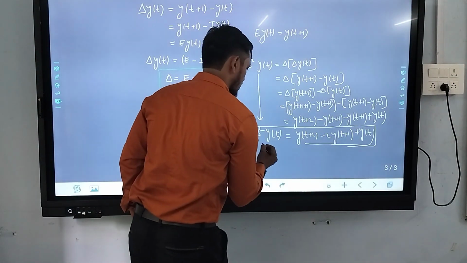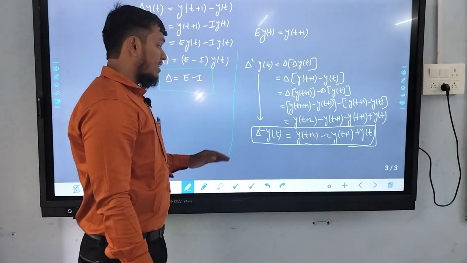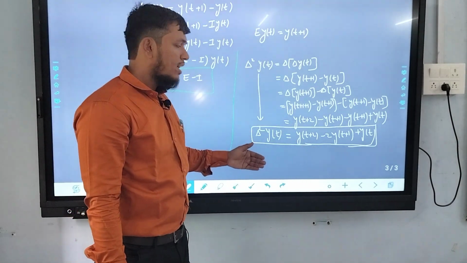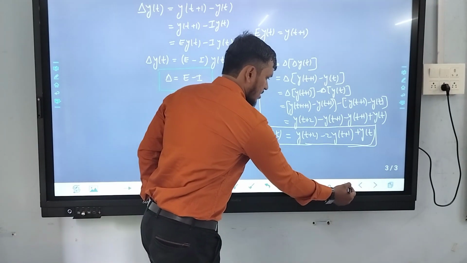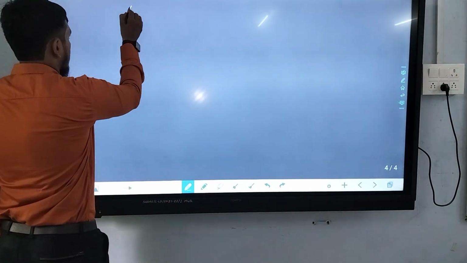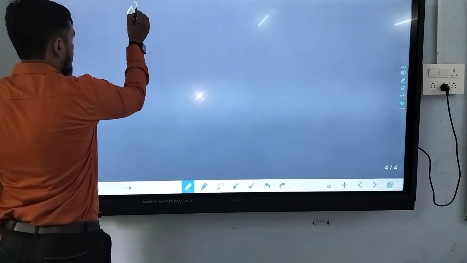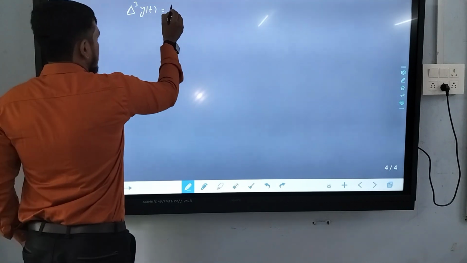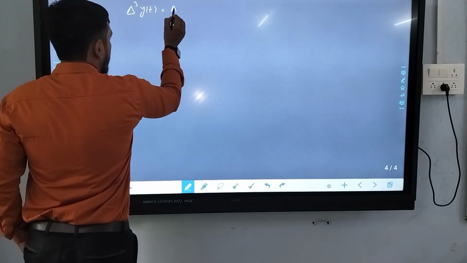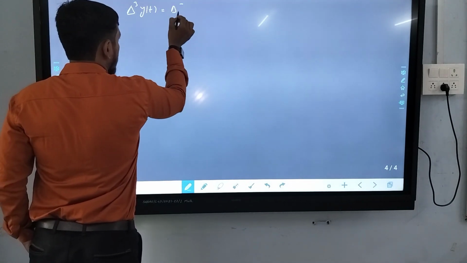We can find the third order difference operator. So let's see what delta raised to the power 3 y of t is. This can be written as delta into delta square.